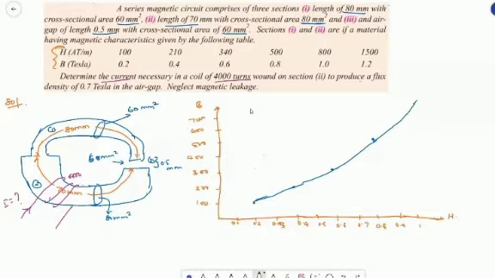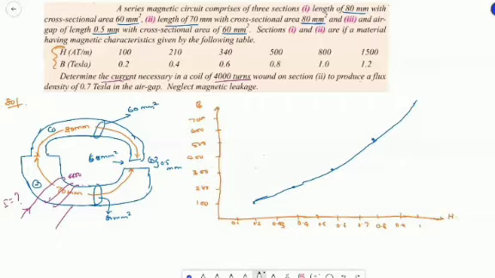So for example, if you draw the graph between H and B, for point 2 you have 100, and corresponding to point 4 you have 210. Similarly, you can plot all the other points and then join them, because while performing the calculations you may require the value of H for a particular value of B. So this graph will be helpful at that point.